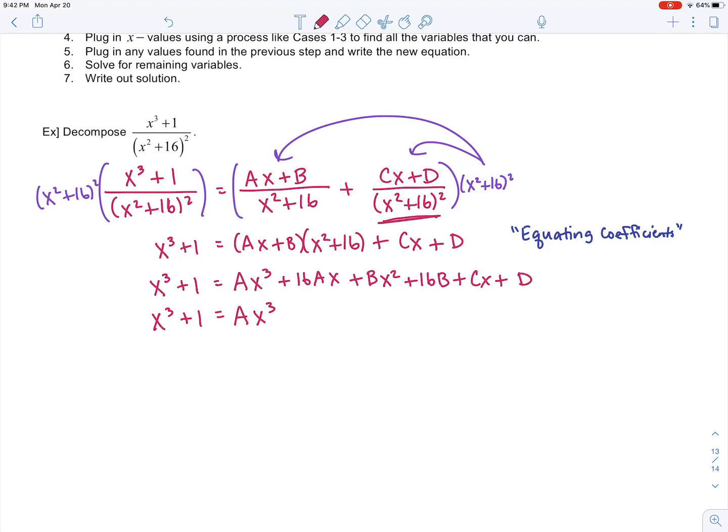So for my degree 3 terms, I just have ax cubed. Then for my degree 2 terms, I just have bx squared. Now for linear terms, I have 16ax plus cx. So I have plus 16a plus c times x. And then for my constants, I have 16b plus d.